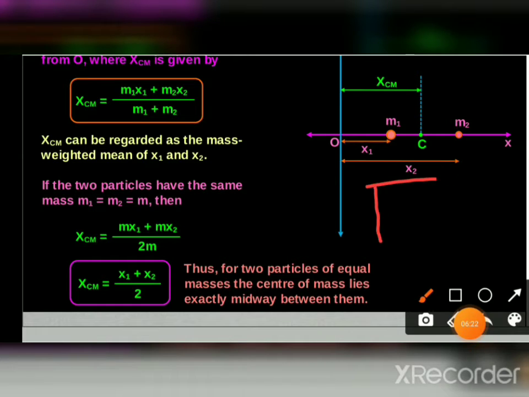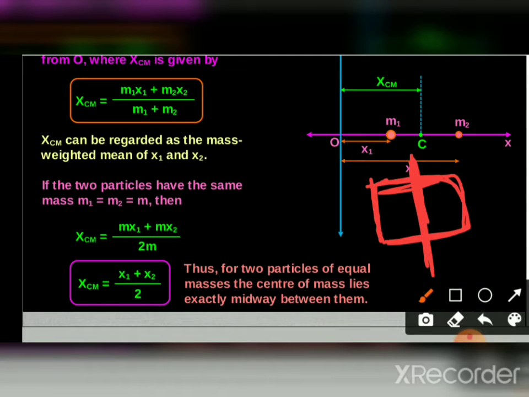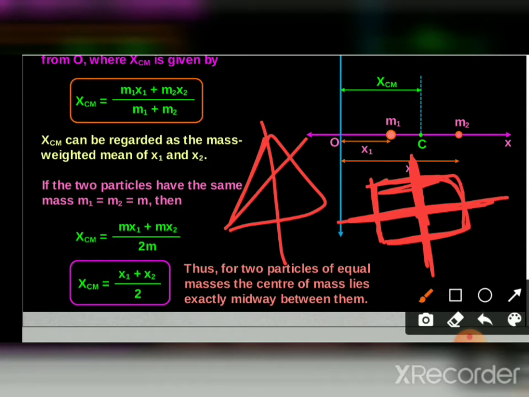If the object has the same mass throughout, then the center of mass will lie exactly in the center. Consider an equilateral triangle; there also you will get the center of mass in the center.